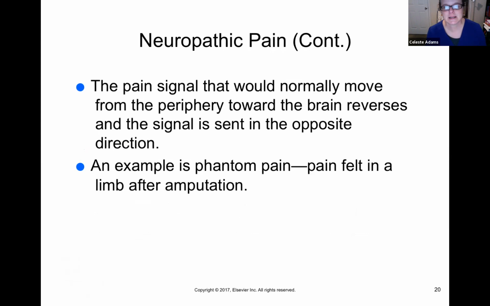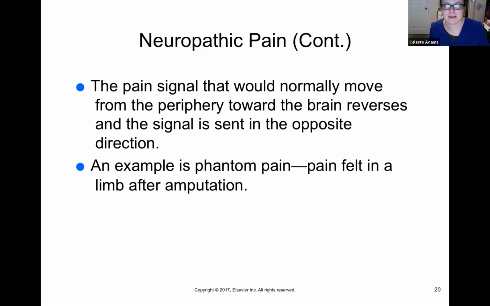The pain signal that would normally move from the periphery. The periphery is like your fingers and your toes, the outer part of the body. It reverses in neuropathic pain, so the signal is sent from the inside to the out.